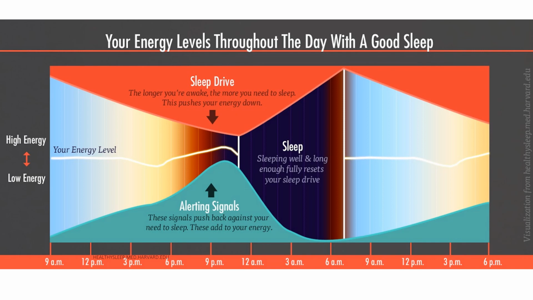The other place we see an inconsistency in the energy level line is around the 8 or 9 p.m. mark, or a little bit later. You can see there's actually a jump in alertness. We don't exactly know why that happens, but we can describe that as the evening second wind. Something happens with those alerting signals where they get a little bit higher than our sleep drive, and we know that that window tends to be a really difficult time to sleep for most people.